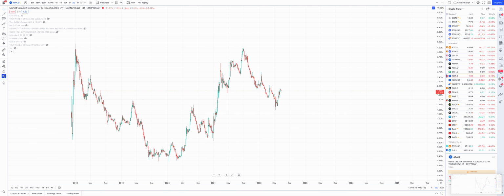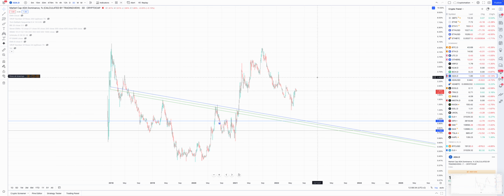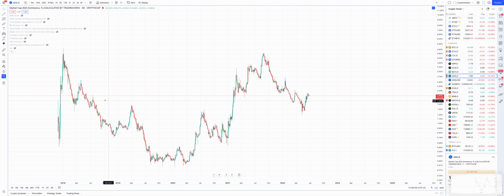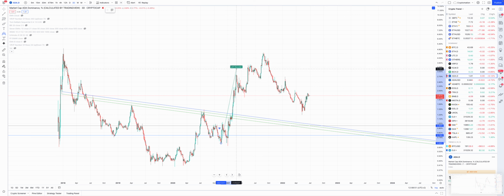So what I see with the dominance chart is that, if you look at it, you saw that here we had this inverse head and shoulder formation and moved up from here. And what I see in this chart as well, or what I saw recently already, is that we have this huge head and shoulder formation, right?